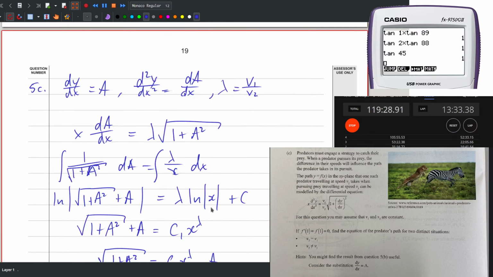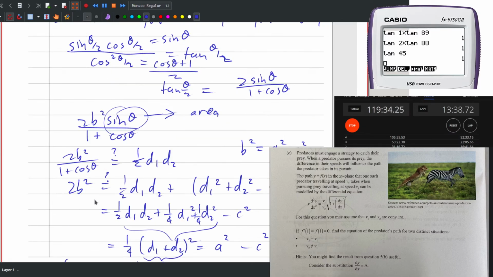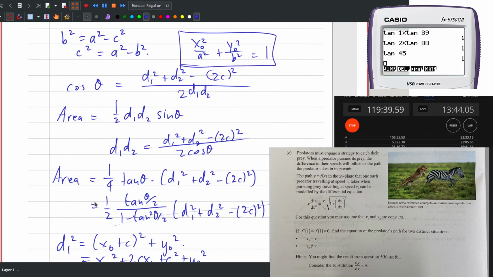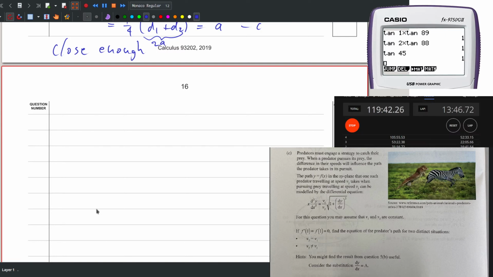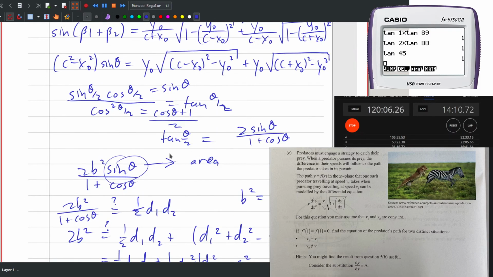Alright, so I think that's good. Let's go back to question 4c, and then we'll try and finish it up. So we have that cos of theta is equal to d1 squared plus d2 squared minus 2c squared over 2 d1 d2, right? And that's from here, and then we use the sine from here.